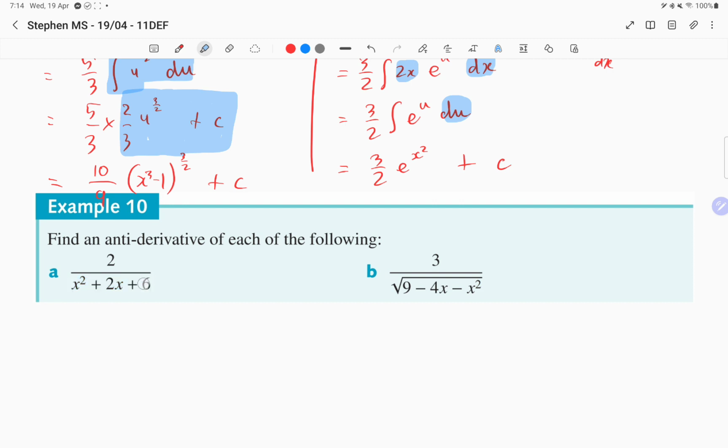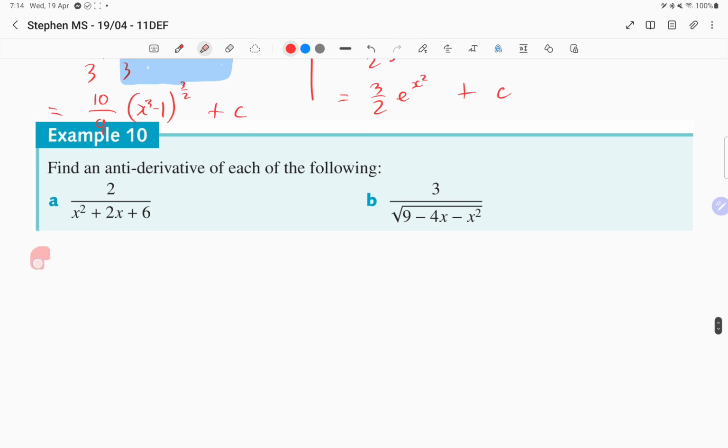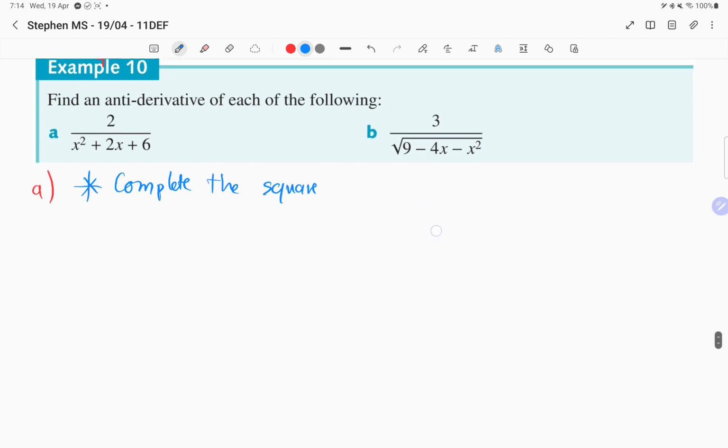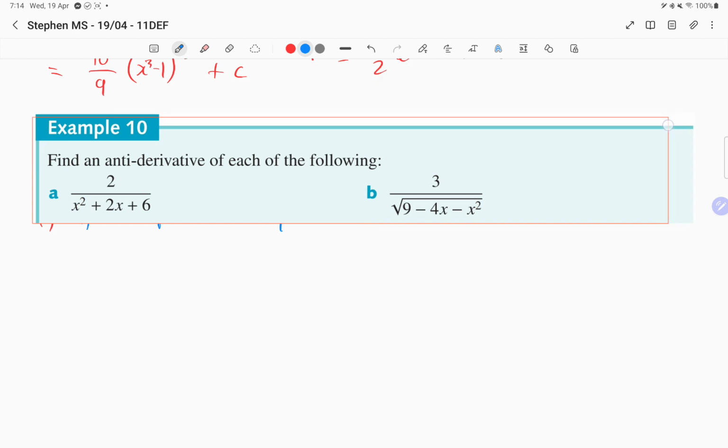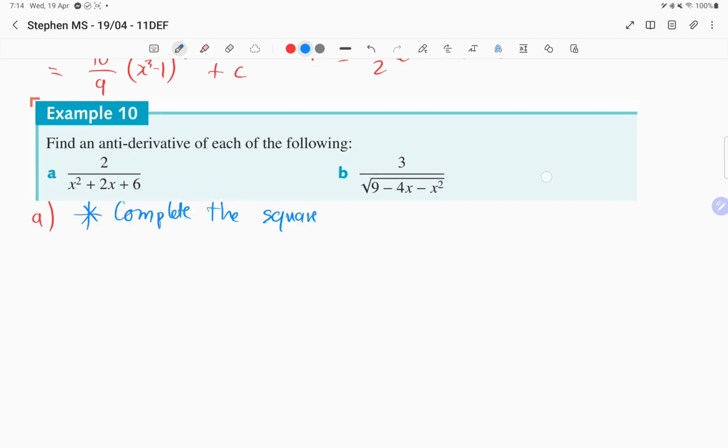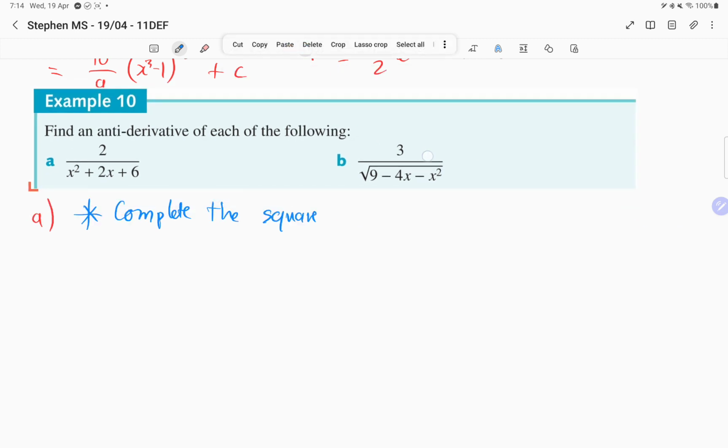So the main trick for question A is to complete the square. I hate that. I know, but that's the only way to antiderive something like this. Can you use the quadratic formula? No, complete the square. You'll see why later.